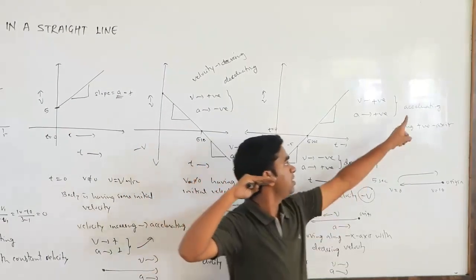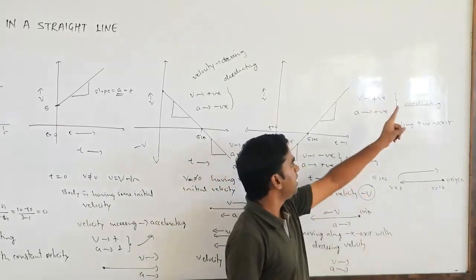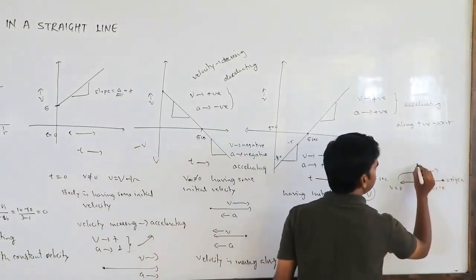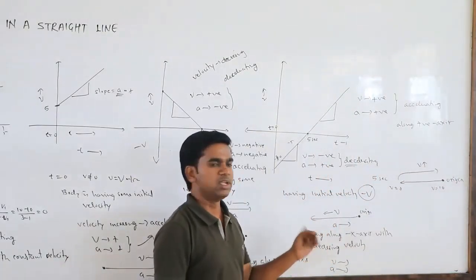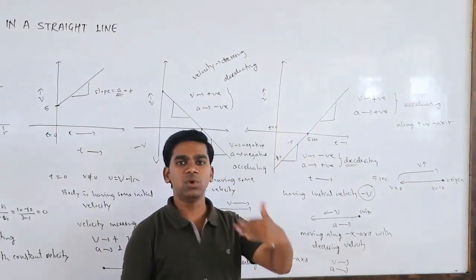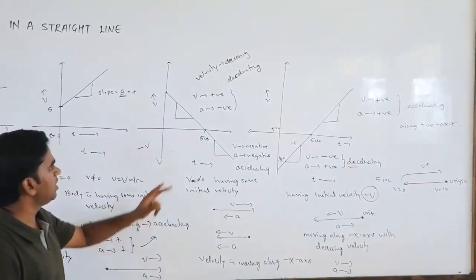Now you are accelerating, so again it is moving in this direction with increasing velocity. Getting the point? Like this we have to analyze or describe the whole motion by looking at the graph.